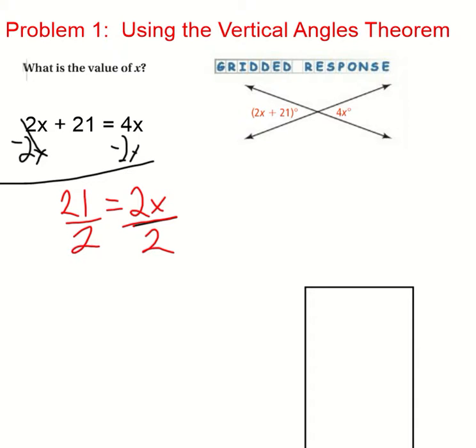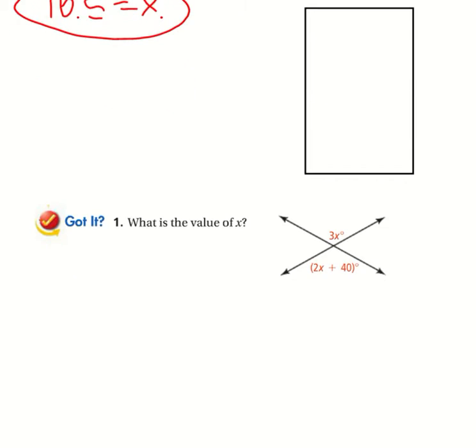Divide by 2, and 21 divided by 2 should give us 10.5 equals x. And there you have it. 10.5 is x. So we use the vertical angles theorem to solve that problem.